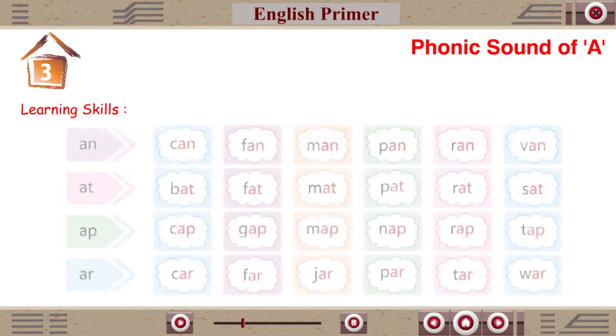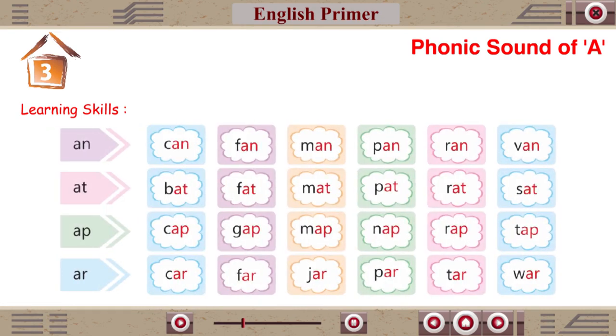Learning skills: an, at, app, air, can, fan, man, pan, ran, van, bat, fat, mat, pat, rat, sat, cap, gap, map, nap, rap, tap, car, far, jar, par, tar, war.